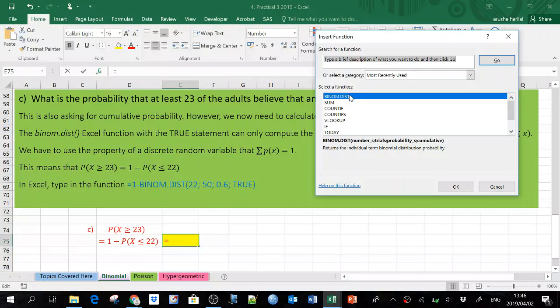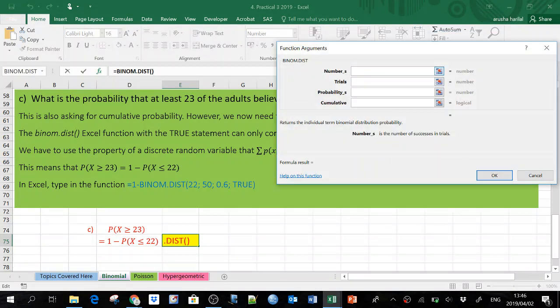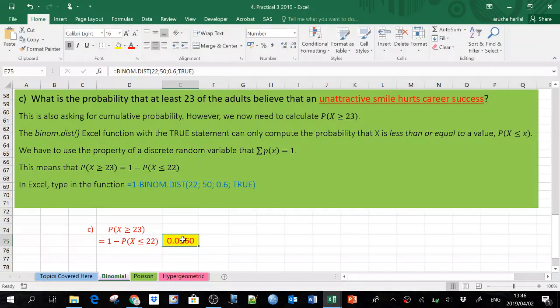Let's calculate it. Binomial distribution, okay. And we've got 22 as the number of successes. Again, what are our parameters? Our n and p. And is this cumulative? Yes, it is. So we're going to put true. Okay, so that gives us an output of this.